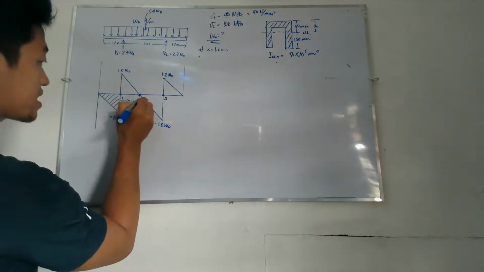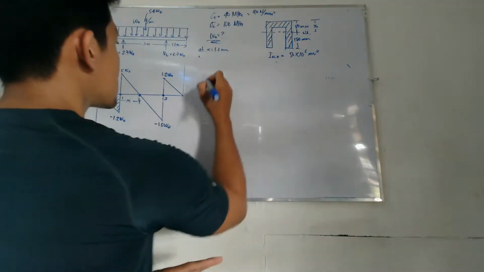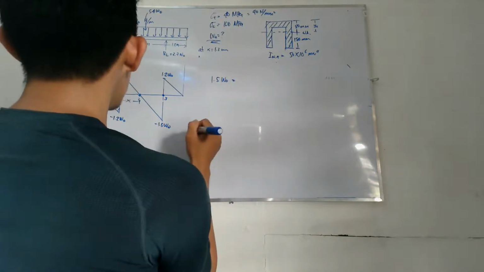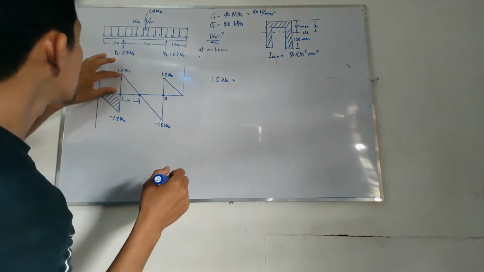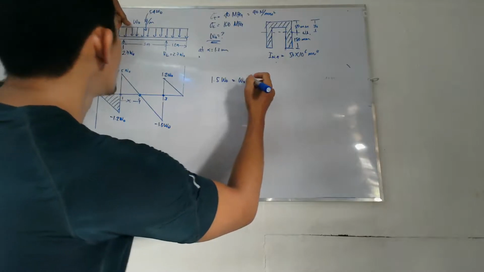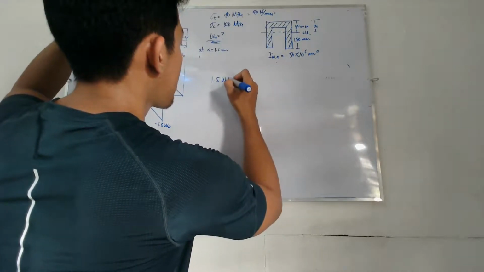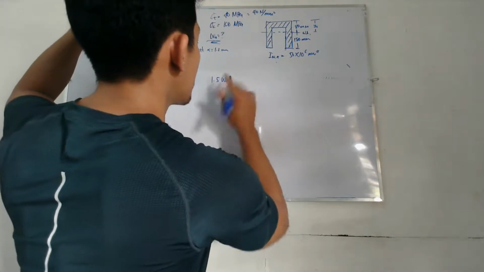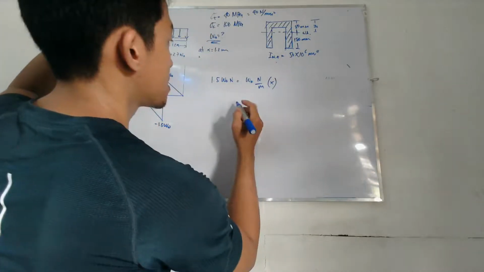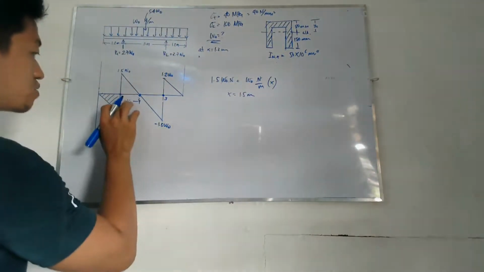Unsa ni nga length ani? Length ana niya is 1.5 mega O is equal to 1.5 mega O Newton is equal to omega O Newton per meter times x. 1.5 meter.